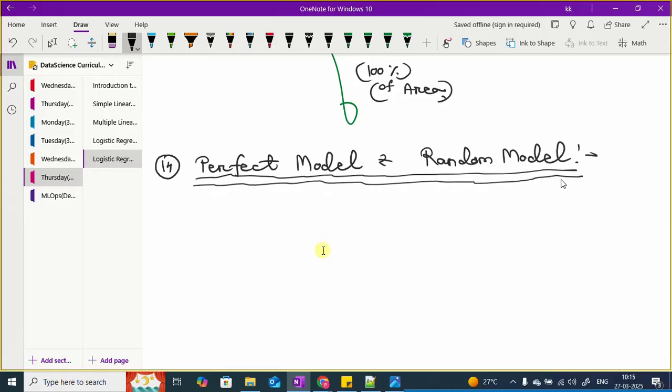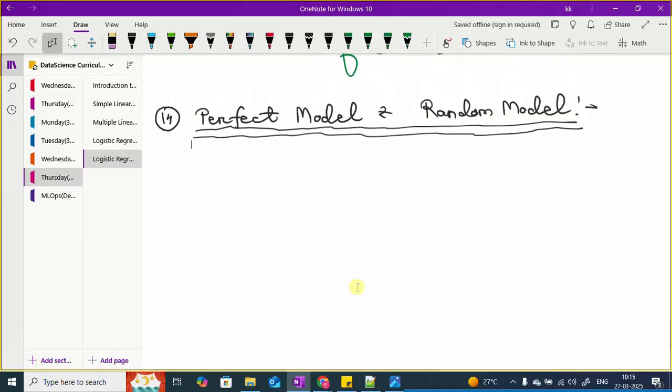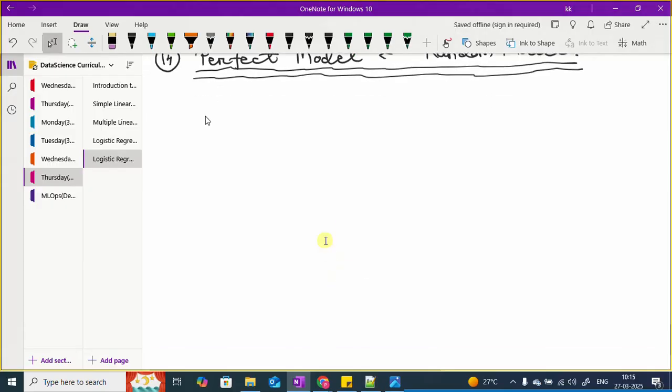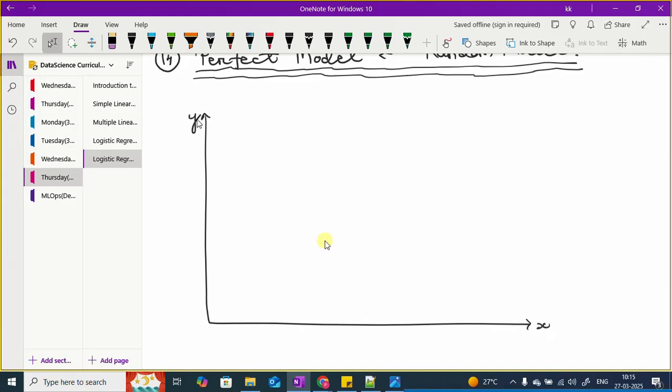Okay, let me draw the diagram. X-axis, Y-axis: false positive rate, true positive rate. Okay.